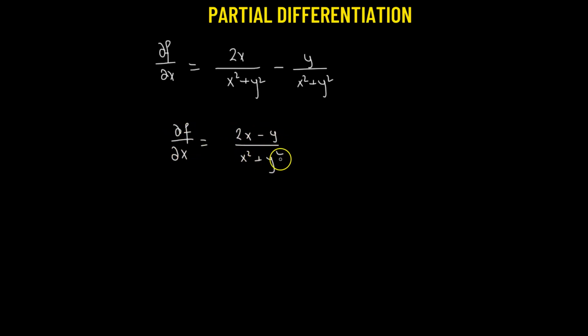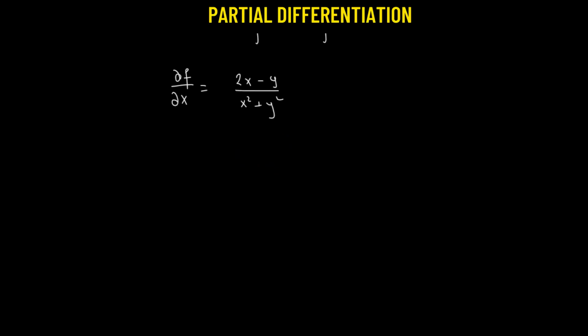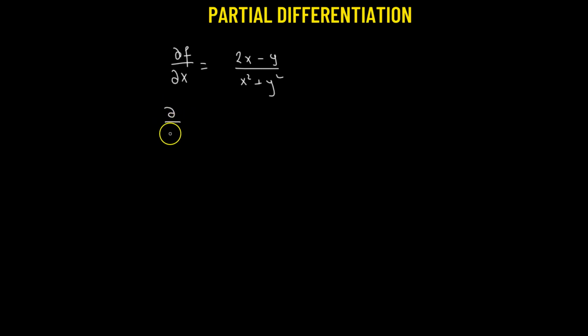Now again, we'll take the partial derivative on both sides with respect to x. So we have partial with respect to x of partial of f with respect to x, which will equal partial with respect to x of 2x minus y divided by x squared plus y squared.